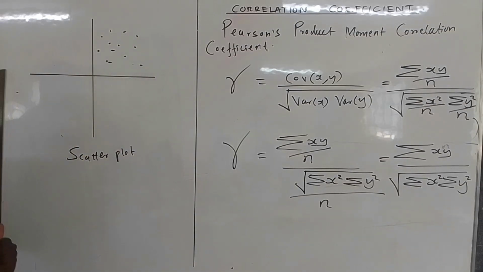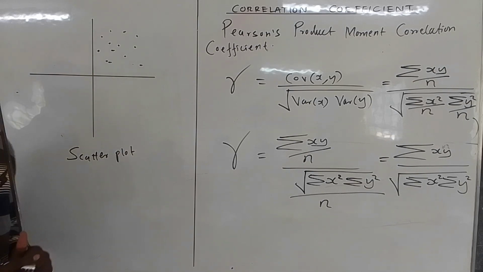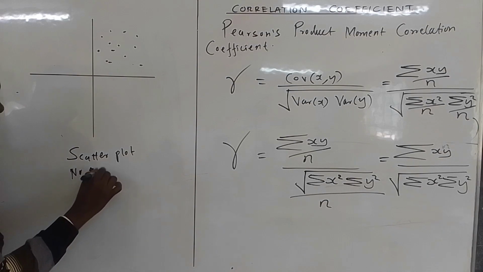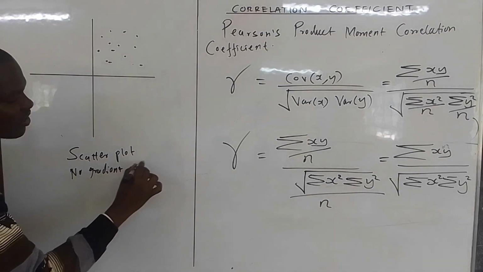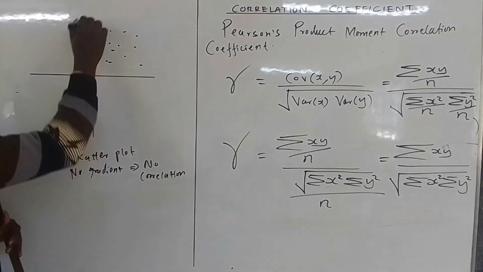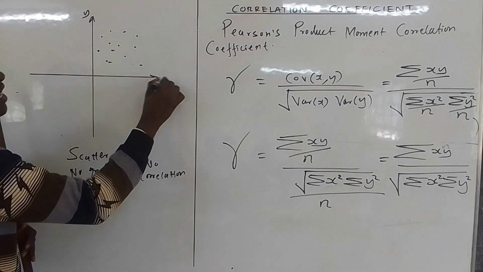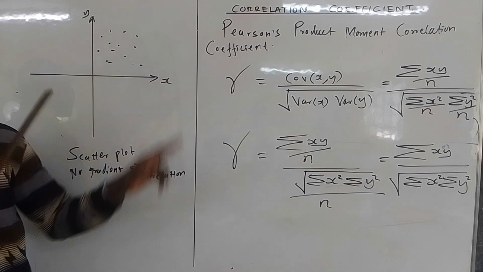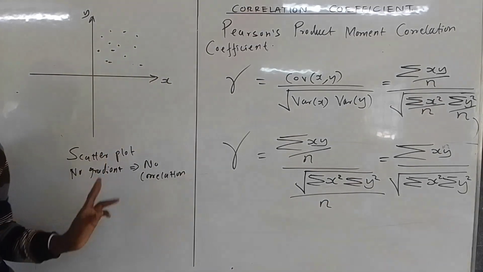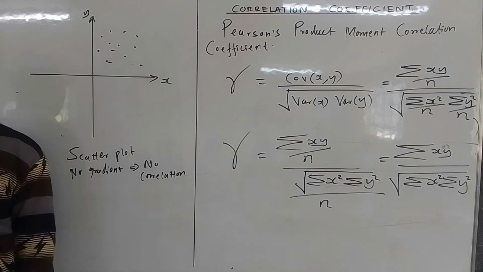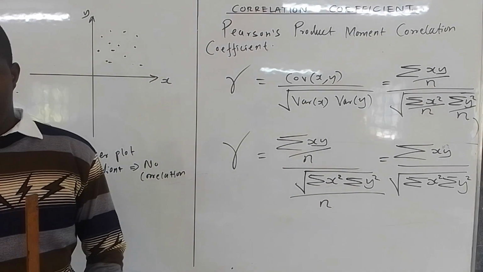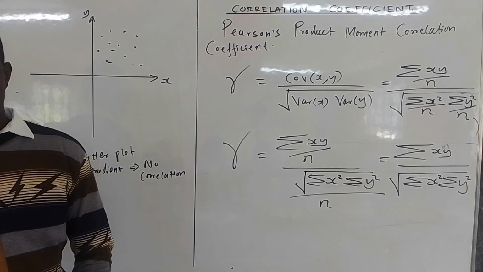So in case of a scatter plot, there is no gradient. And if there is no gradient, that means there is no correlation between those variables. If this is the y-axis and x-axis, meaning the relationship between the y and x values, when there's no gradient in case of a scatter plot, then we say there's no correlation. That measure of correlation is like the gradient of a straight line. Are we together? Is that okay?